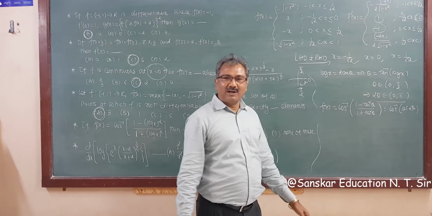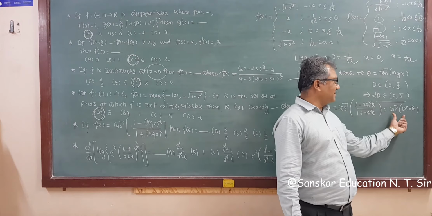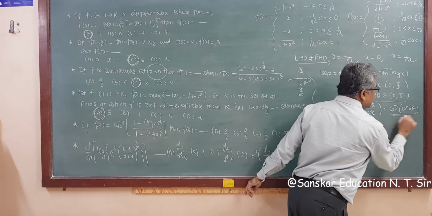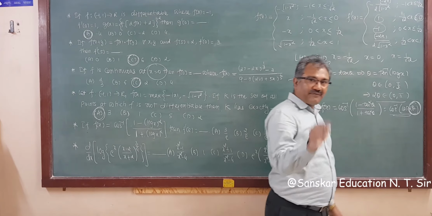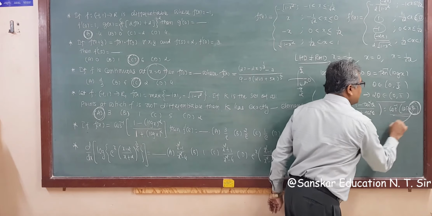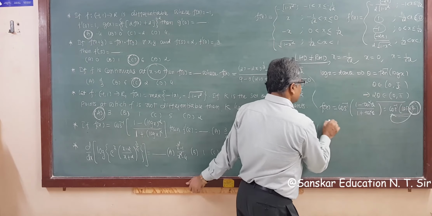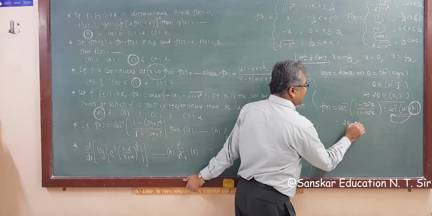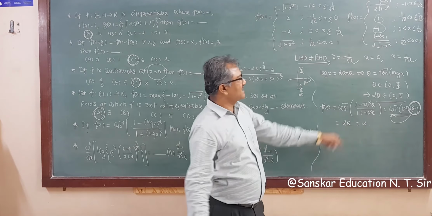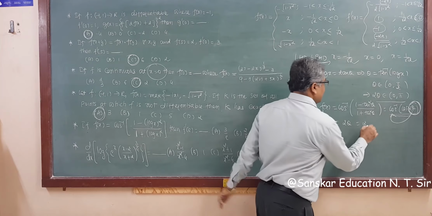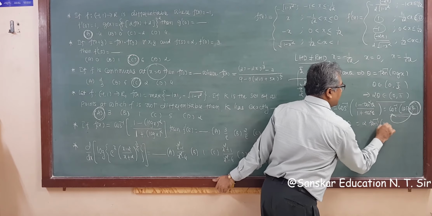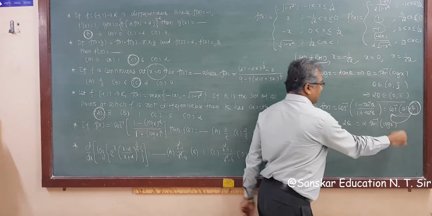The answer of this is 2 theta if 2 theta lies in the range of this function. 2 theta belongs to 0 to pi, so the answer is 2 theta. And theta is tan inverse log x. So 2 times tan inverse log x.